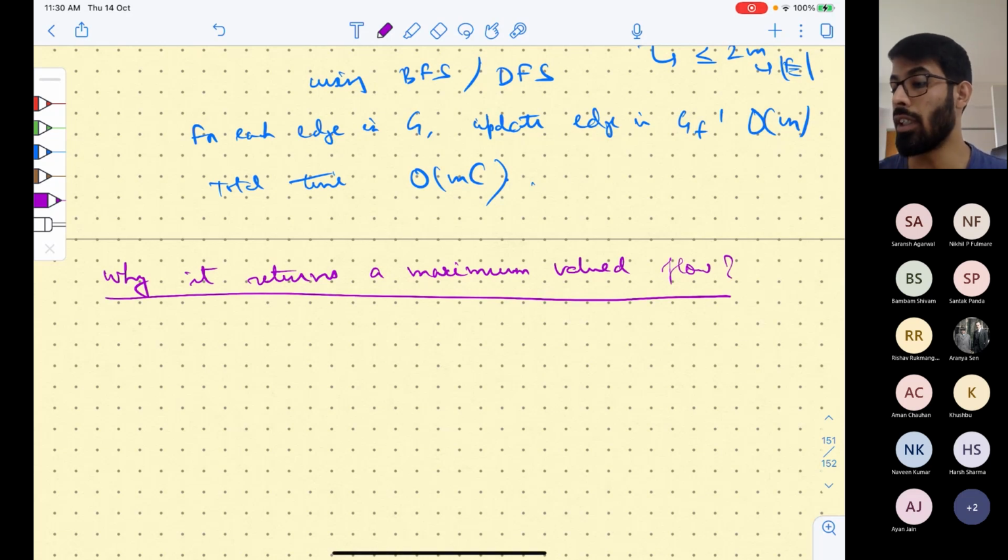So that we have not yet discussed. For that, we will need this concept of cuts.